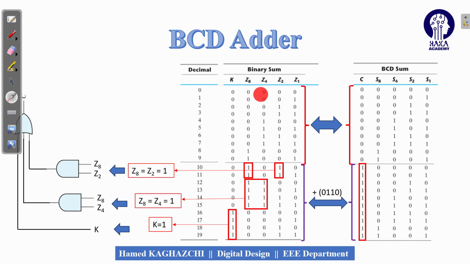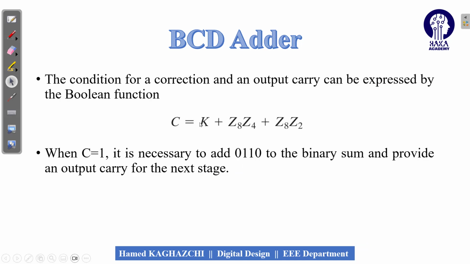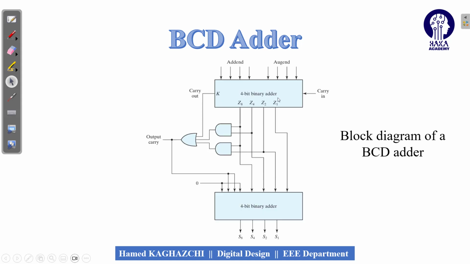Now, how do we find Z1, Z2, Z4, Z8 and K by adding the two numbers together? At the end, after finding the Boolean function of C, we can have this circuit.